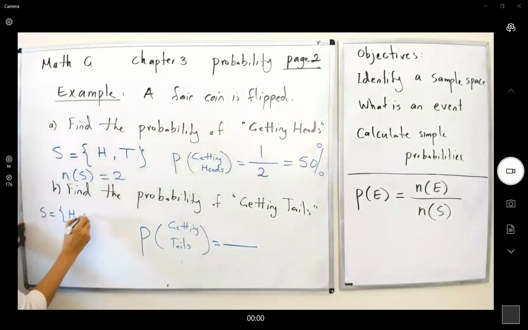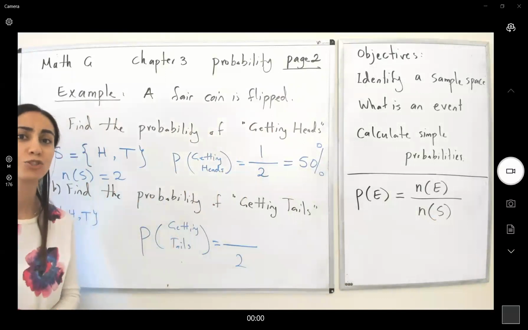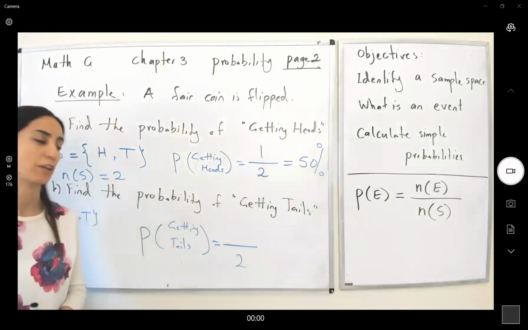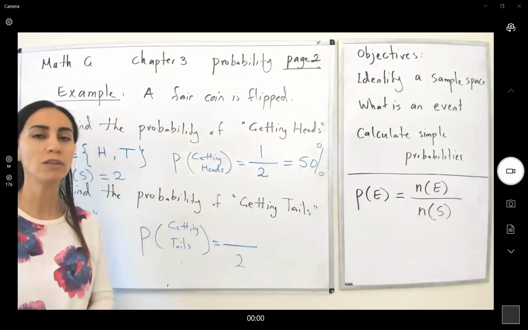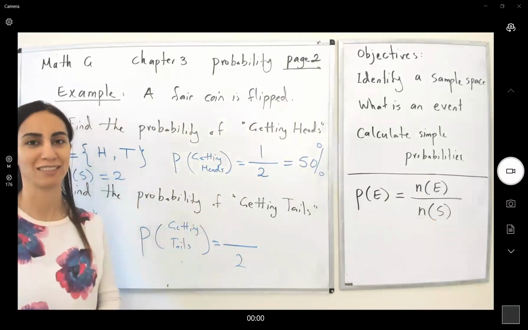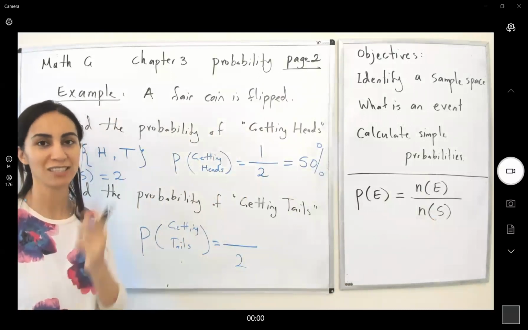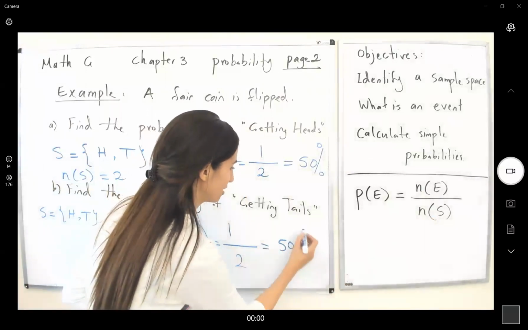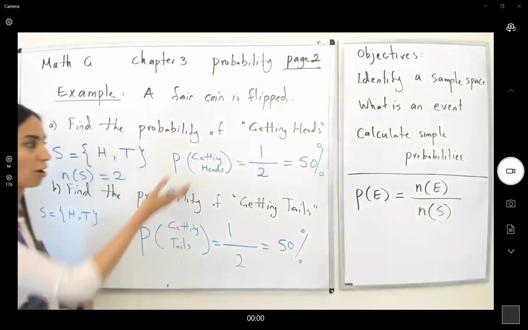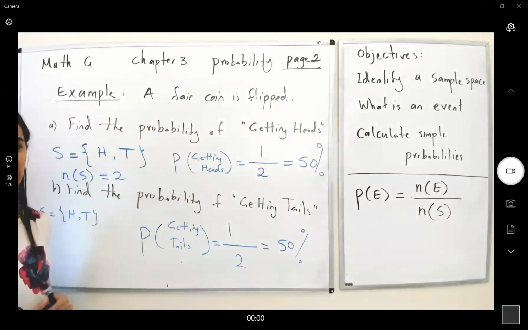It has 2 elements. So on the denominator, you get 2. What about your numerator? Getting tails, you only have one possibility. So the cardinality of your event is just 1, a half, which is 50%. 50% chance of getting heads and 50% chance of getting tails.